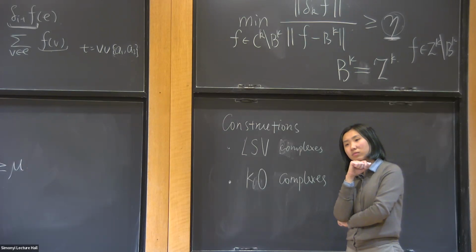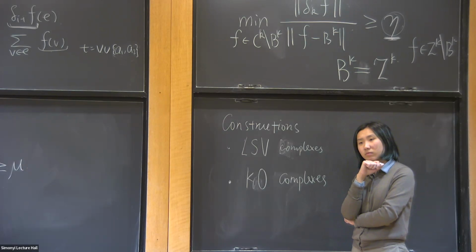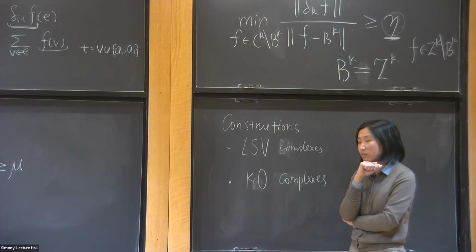But all the methods we know to show cosystolic expansion are local methods. So this is why it's a relatively easier question. You can understand this quotient in somehow local terms.